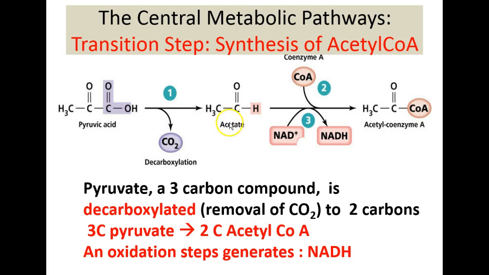The next step in the transition step is an oxidation step in which a hydrogen in acetate is removed and given to a hydrogen carrier, NADH. At the same time, a high-energy molecule, coenzyme A, enters the reaction, producing a 2-carbon compound called acetyl coenzyme A. This is a high-energy molecule.